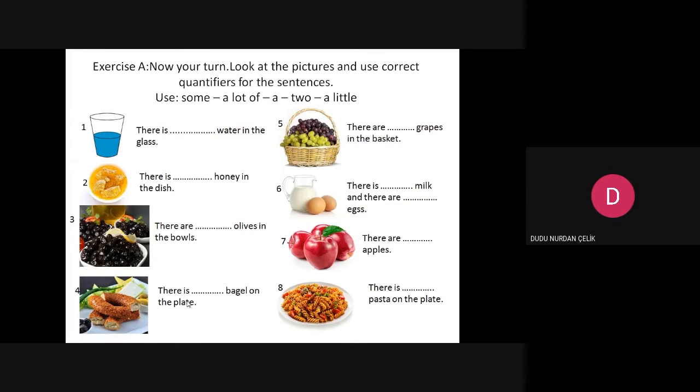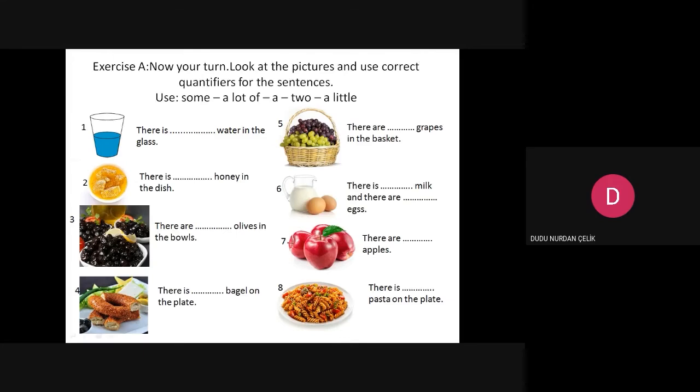Don't mix up. Okay, the fifth one, do it. Very good. Listen to my answer. There are a lot of grapes in the basket. Grape is also countable. I ate a grape, or I ate a lot of grapes. I ate some grapes. It's countable.